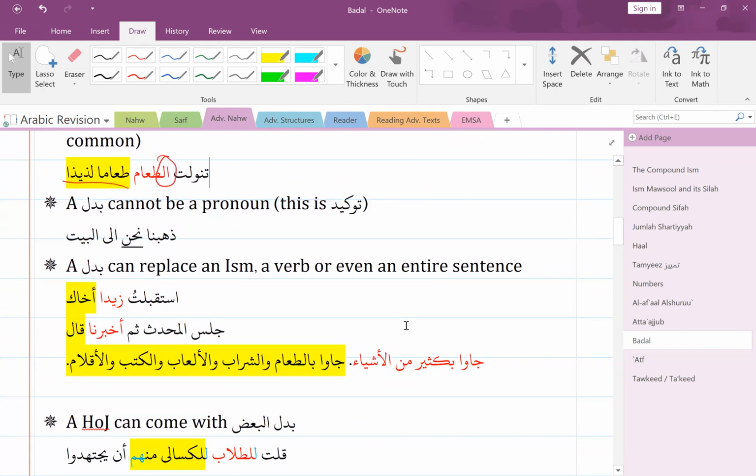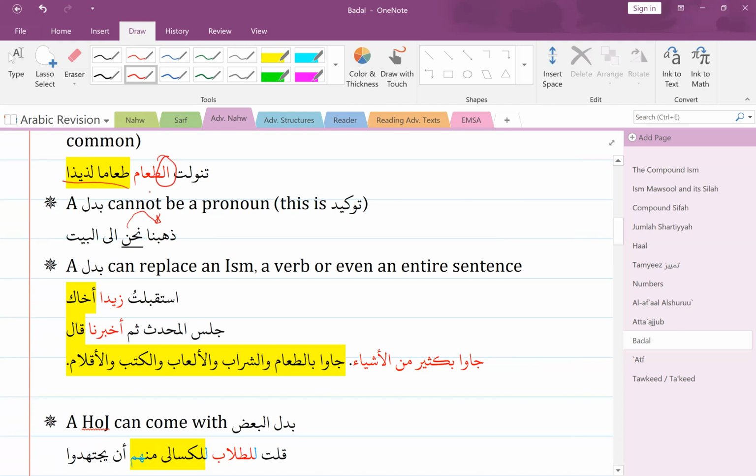Then the other thing is a badal cannot be a pronoun. You cannot have a badal as a pronoun. Remember, the whole point of a badal is if you're able to replace, or if it gives you more information about what is being replaced. That's the whole point of a badal. Okay, so for example, if you said ذهبنا, we went, نحن إلى البيت, we went, us, talking about us, to the house. If I said something like that, I cannot say that نحن is a badal of the نحن inside ذهبنا. Why?